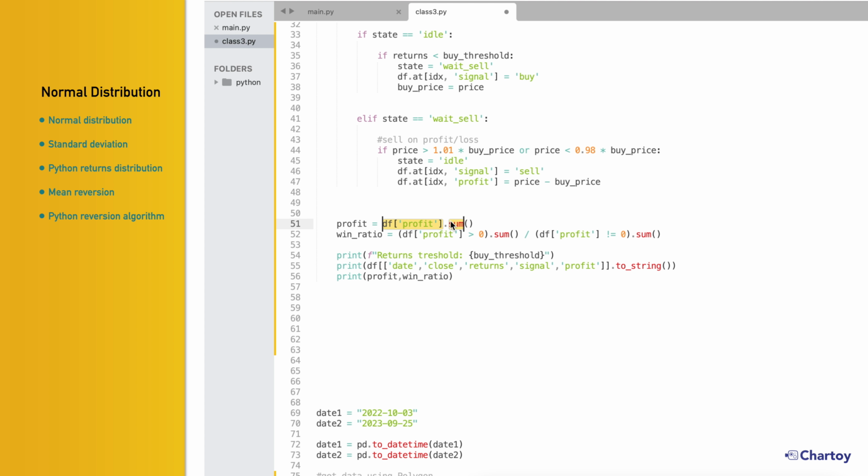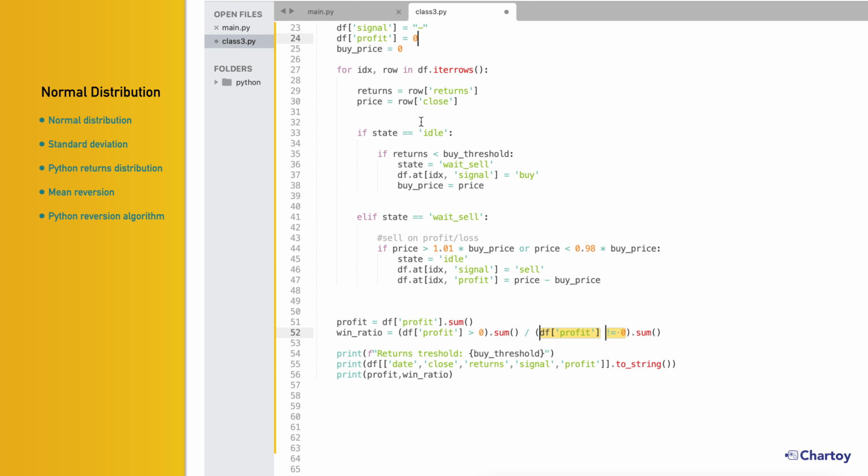And the next thing we want to do is to calculate the win ratio, which is how many times we win divided by the total positions. So we are doing data frame at profit larger than 0, which means take all the cases, all the events where we have positive returns and sum them and divide this by the total amount of deals, which means every time our profit, which was 0 in the beginning, was not 0, which means every time we took any type of position.